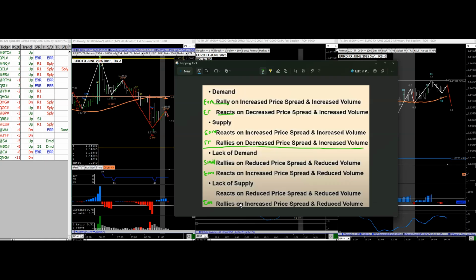Lack of supply means I don't need a lot of money in order for price to go up. Why? Because there's no overhead orders. There's no limit orders overhead. So it's just like nothing there. In terms of liquidity, there's no liquidity up there. It just goes straight up.